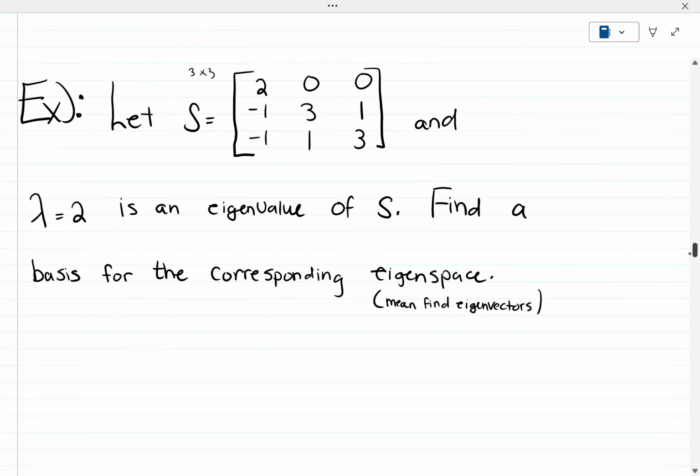So you have this 3 by 3 matrix, and we're given that lambda equals 2 is an eigenvalue. Find a basis for the corresponding eigenspace, meaning the eigenvectors.